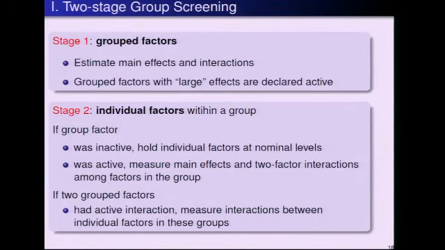If the group factor was active, we'll measure the main effects of all the individual factors in that group and the two-factor interactions among the factors in that group. And if at stage 1, 2 grouped factors were involved in an active interaction, and I'm only talking about two-factor interactions in this talk, then we'll measure the interactions between the individual factors in the different groups.